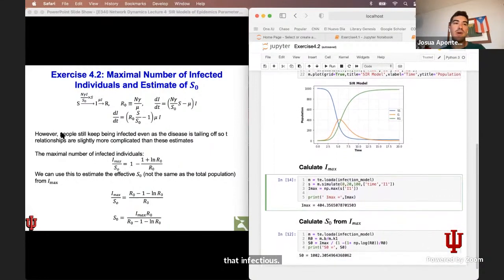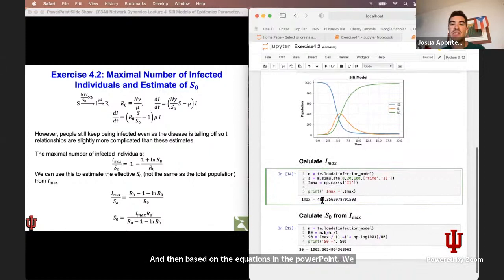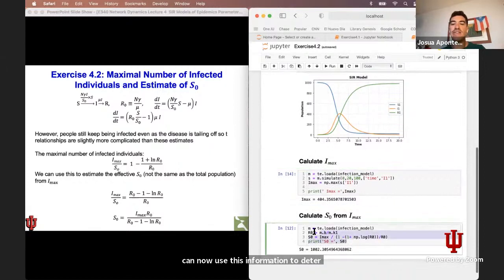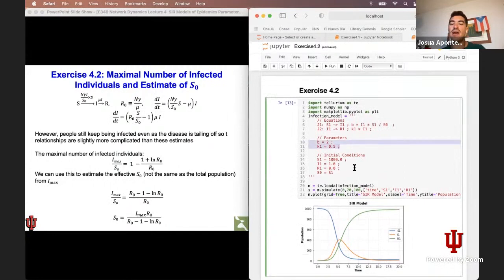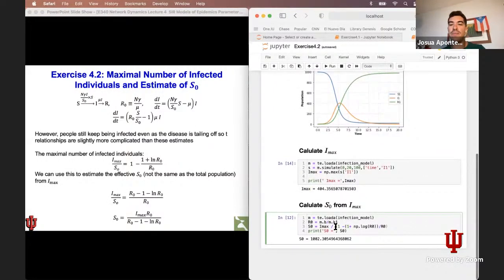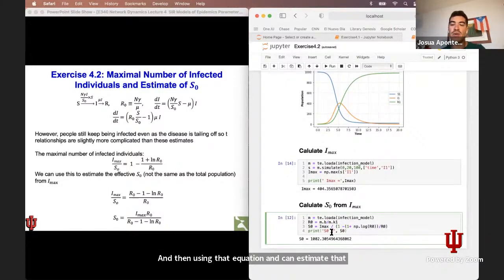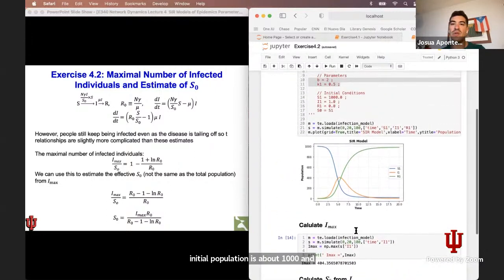And then based on the equations in the PowerPoint, we can now use this information to determine what the initial number of susceptible individuals was by using this equation, because again, we know what R naught is because we have specified what the beta and mu parameters are. And using that equation, I can estimate that the initial population is about 1,002 individuals.